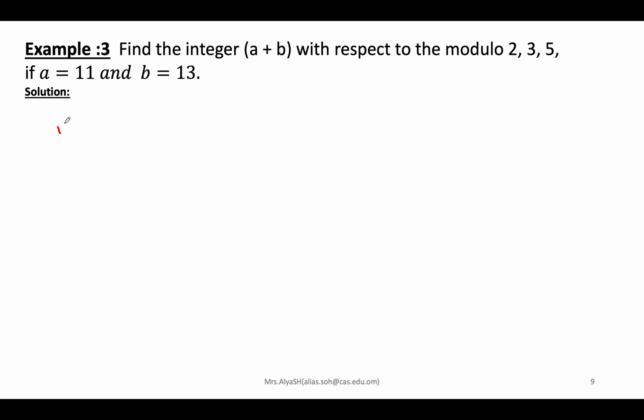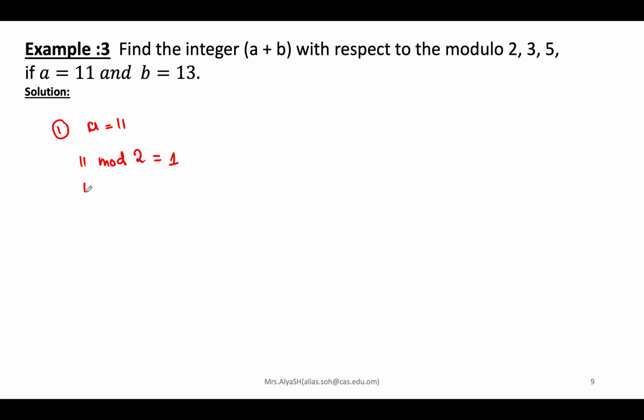The first way, we need to find the modular representation of a, modular representation of b, then we add them together. So here we got that when a is 11, then 11 mod 2 is equal to 1.